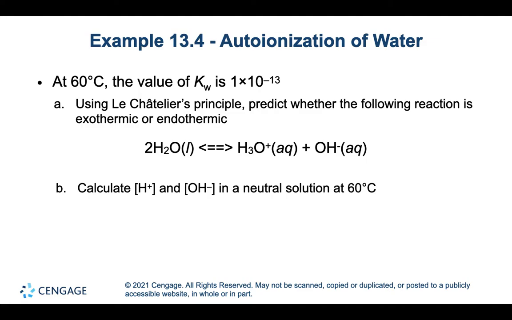So let's remind ourselves about Le Chatelier's principle in chapter 12 and predict whether this reaction of water ionizing to make H plus and OH minus is exothermic or endothermic. And part B, let's calculate how much H plus and OH minus neutral water would have at 60 Celsius.